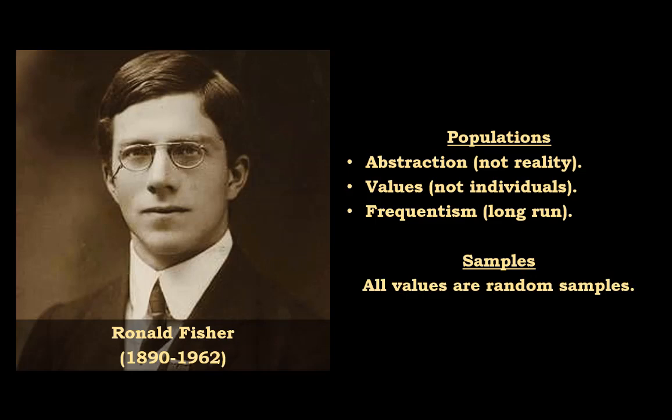We don't have an infinite number of people. We have a finite number of people, but that's why he's talking about an abstraction, a hypothetical thing. So a population of values of height is a hypothetical population of an infinite number of heights. So that's the frequentism. We need to talk about a long run.